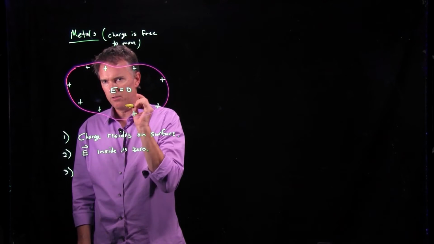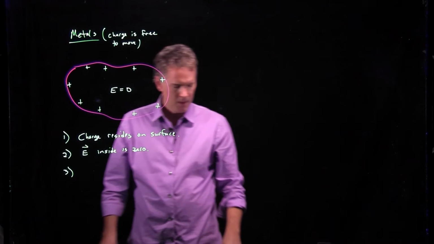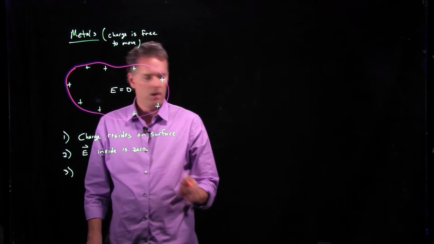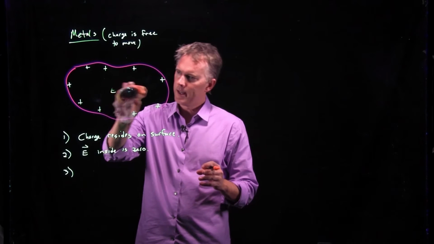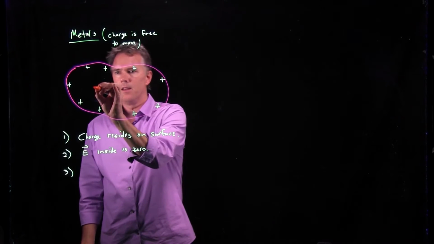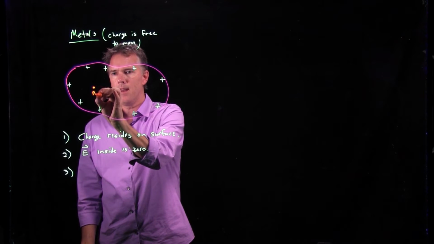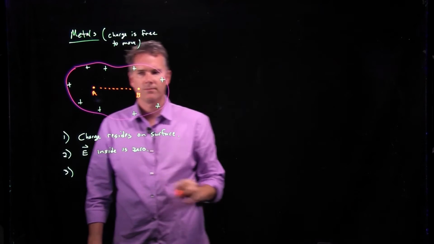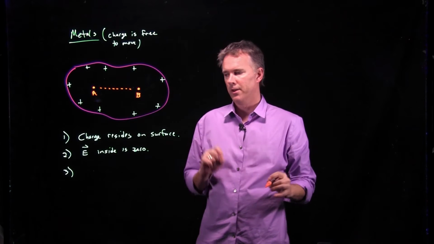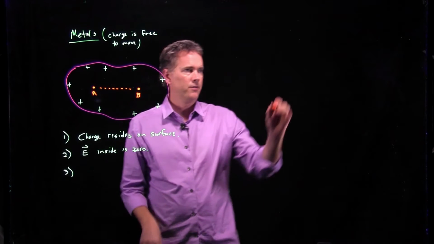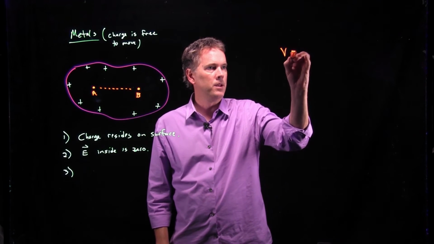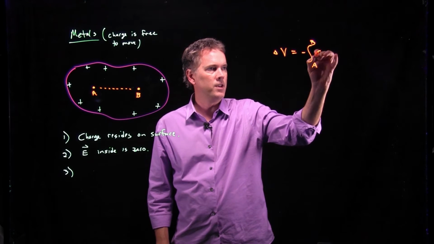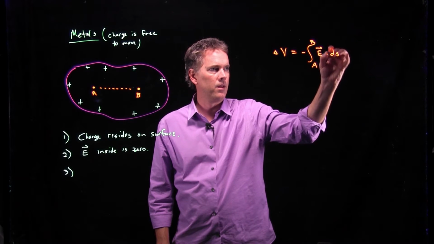If the E field is zero inside, what does that mean in terms of the potential? Well, when we were calculating potential, we said if I go from point A to point B, and I want to look at the potential difference, that potential difference is going to be the integral of E over that path.